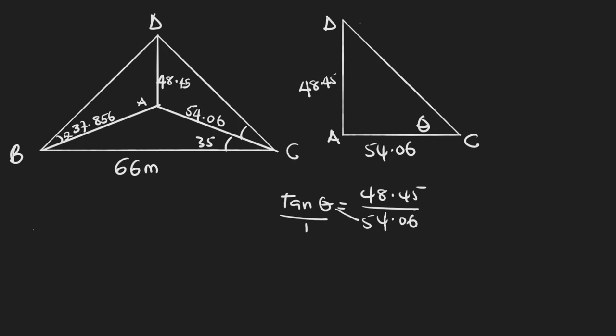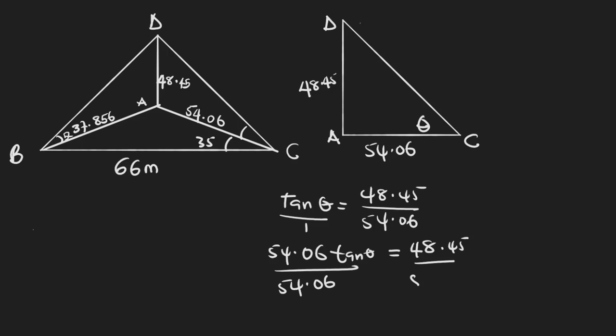Because we're cross multiplying, this will multiply by this and this will multiply by 1. So we have 54.06 times tan theta equals 48.45. Remember we're looking for tan theta, so we divide both sides by 54.06.